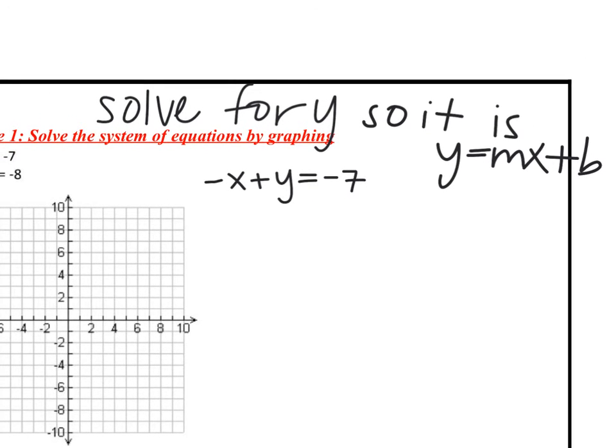We have negative x plus y equals negative 7. Jake, how do I move the x term here? You add x. Okay. Which would give me y equals negative 7 plus x. It's solved for y. This is in slope-intercept form.